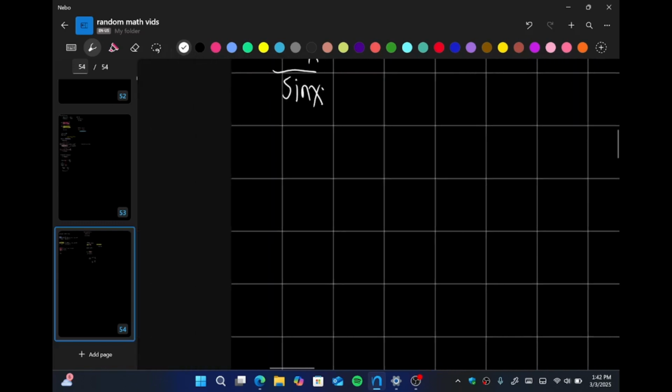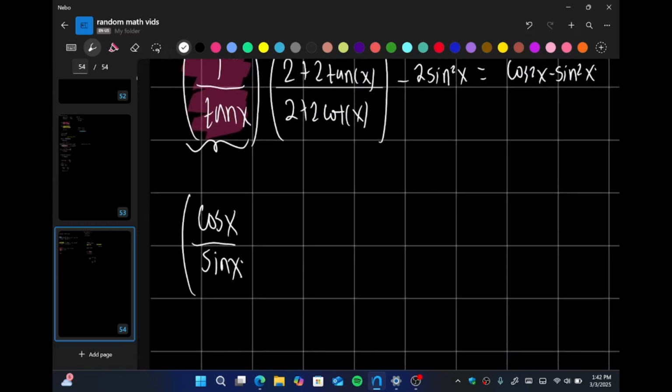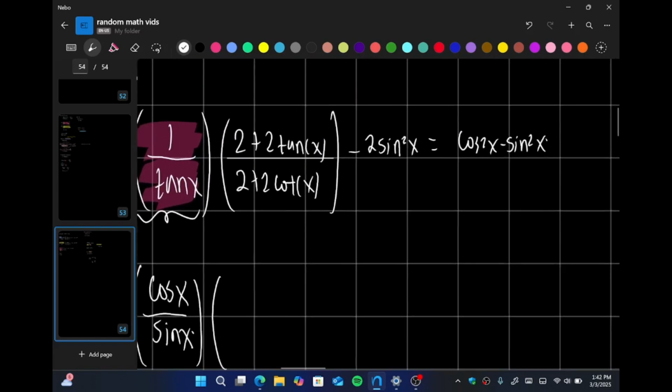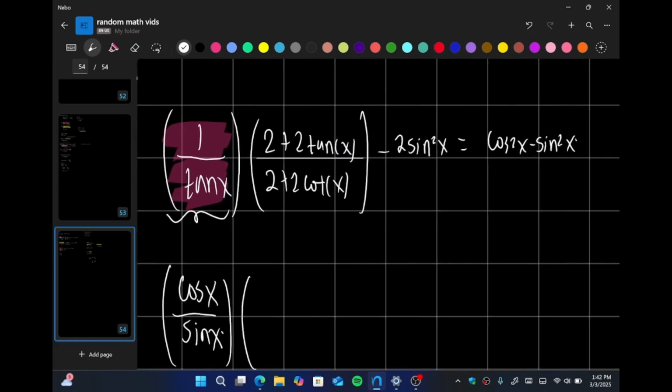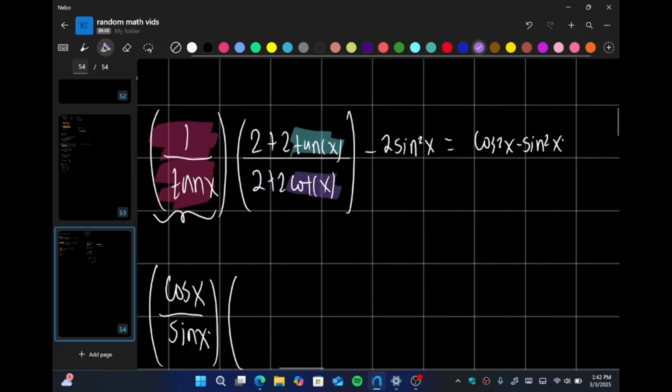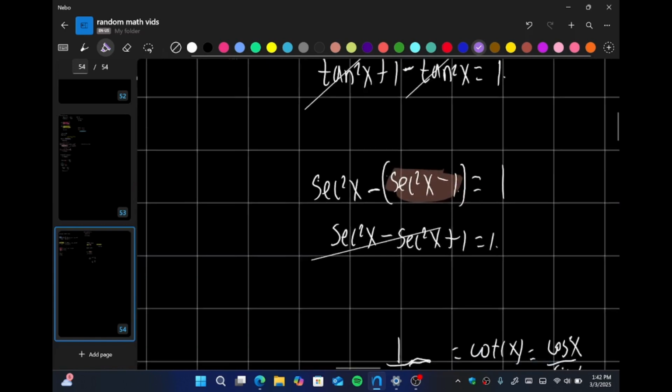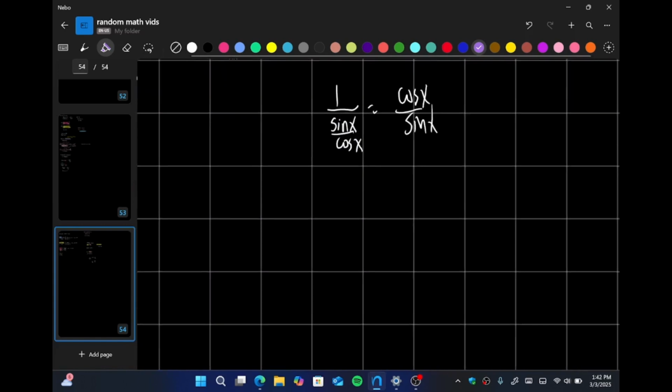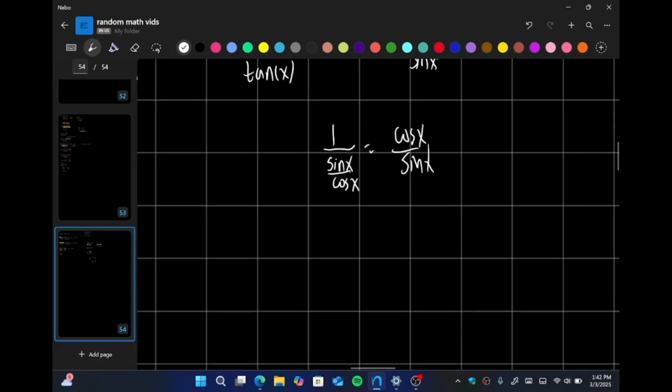Okay? And again, I explained it right here. So now we're just going to put everything together. What I'm going to do, guys, is use my identities in terms of sine and cosine for tangent, as well as for cotangent. So again, we want to remember that cotangent x is cosine x over sine x.